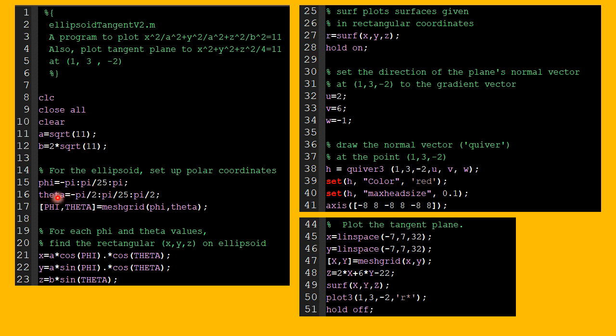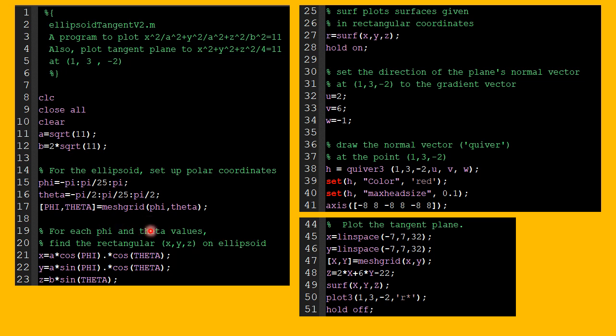Similarly, for theta, we'll let it range from minus pi over 2 to pi over 2 with steps of pi over 25. Then we'll compute a mesh grid using lowercase phi and theta, and we'll store the results in capital Phi and capital Theta. And then for each phi and theta value, let's find the rectangular xyz on the ellipsoid.